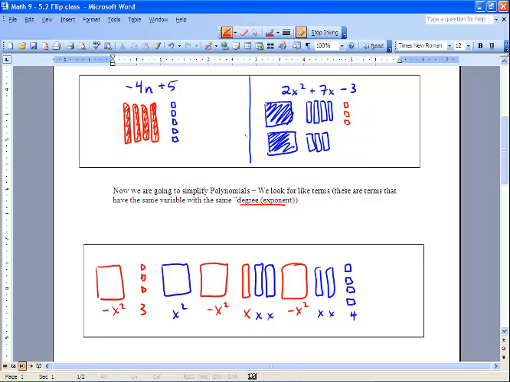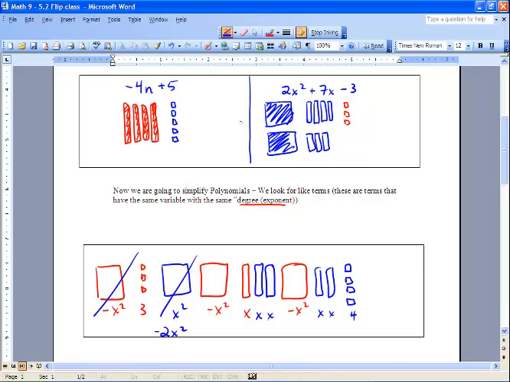Well, what we're going to do now is simplify this polynomial by combining like terms, and this is really important for going back to integers in our first unit. So we have a negative x squared and a positive x squared. Well, we can cancel those out, and now we've got our negative x squared and negative x squared, so we're going to be left with negative 2x squared.